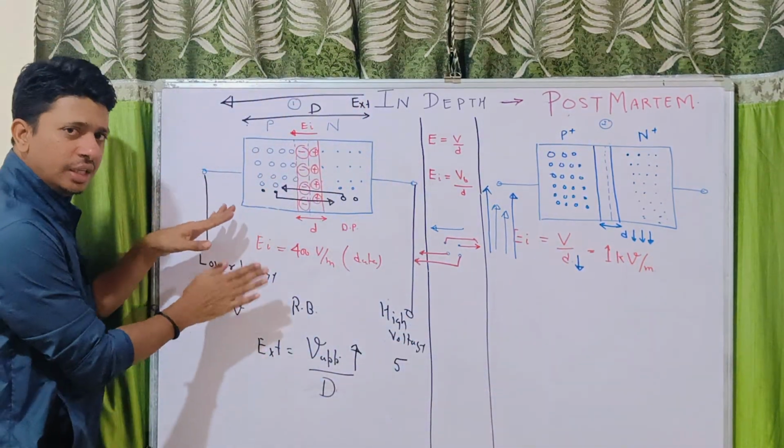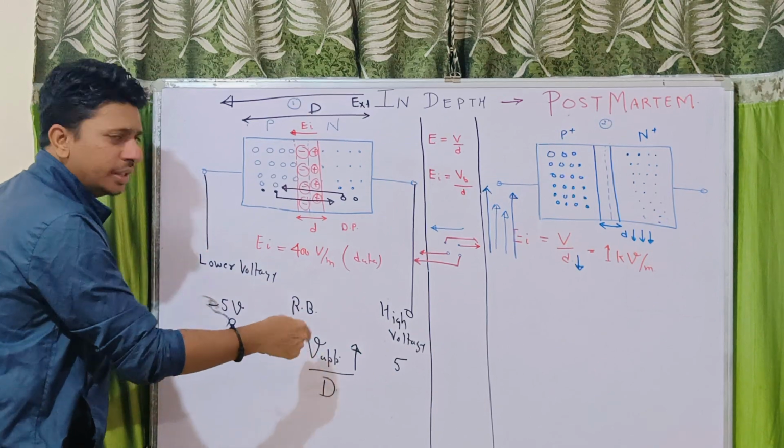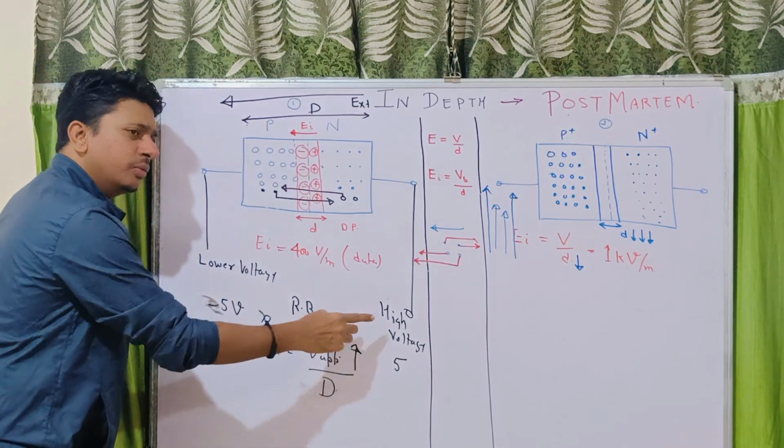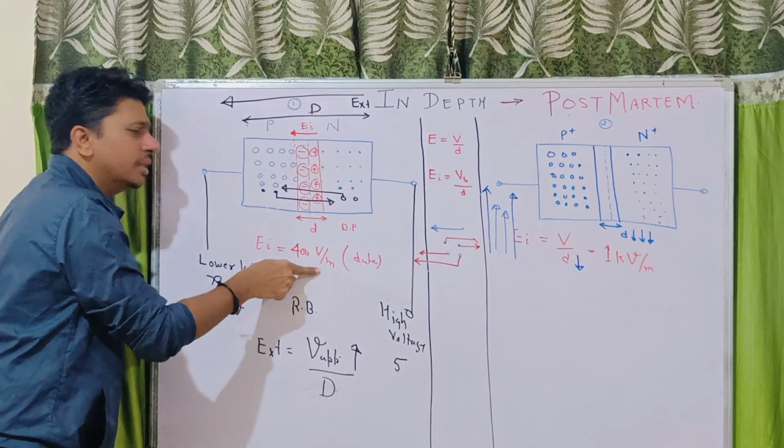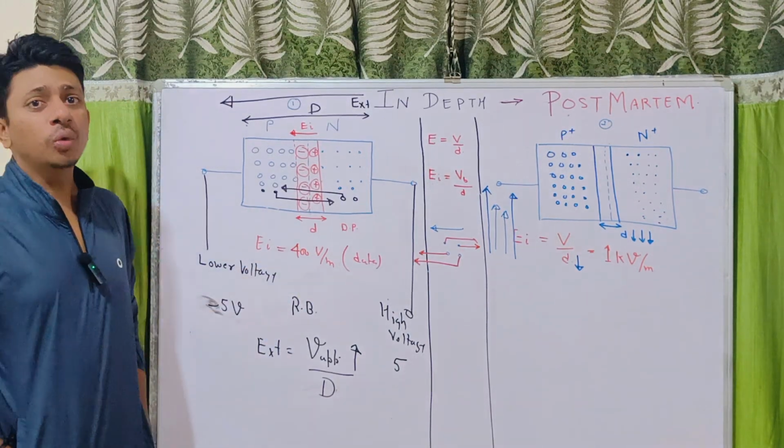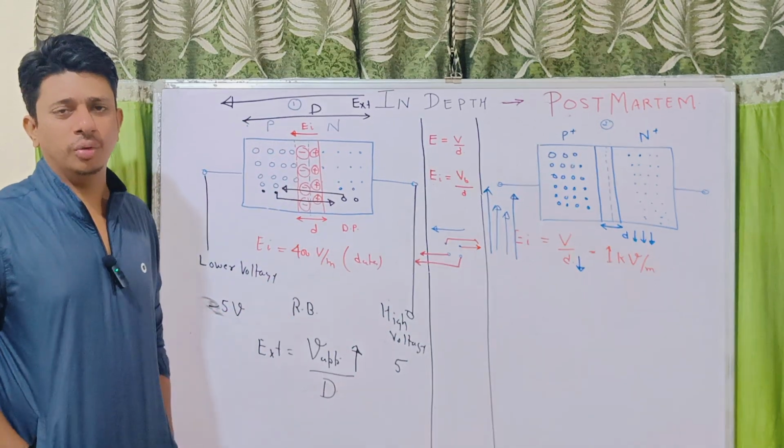Here also the electric field is there, and by applying voltage you are increasing it, but it is not able to increase the internal electric field to a value which allows sudden rupturing of covalent bonds.